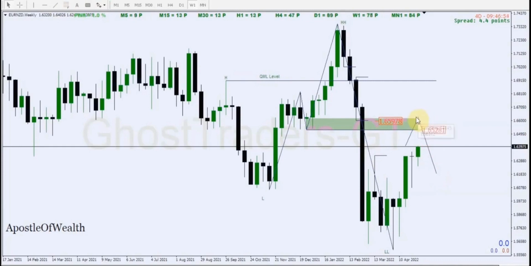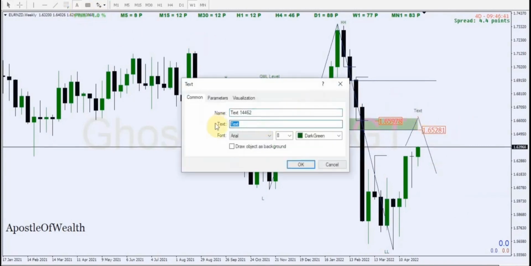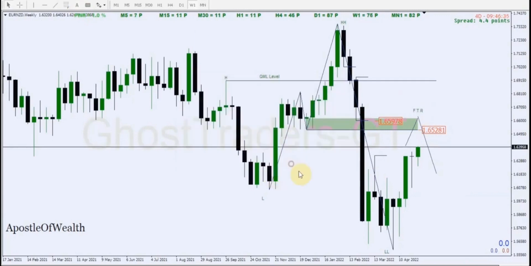So there is going to be a new high being formed here as price is going down. And according to the concept of QML, we call that high an FTR. So let me just put FTR. FTR simply stands for failure to return.